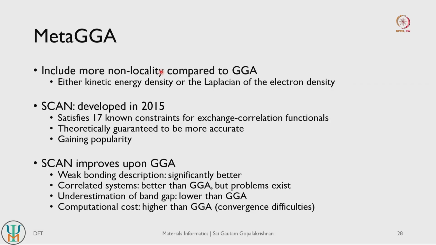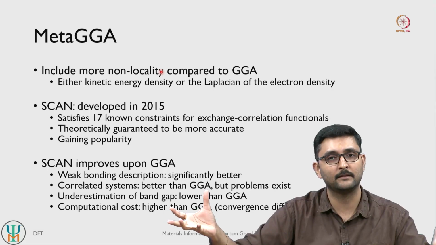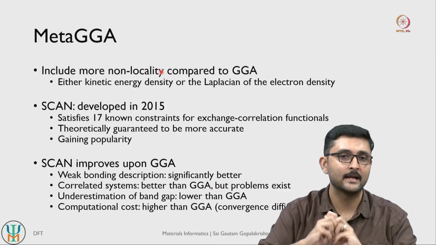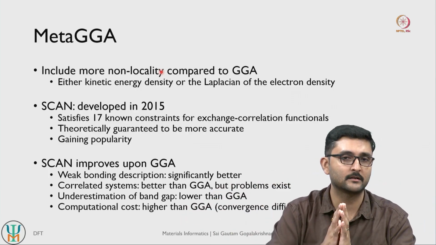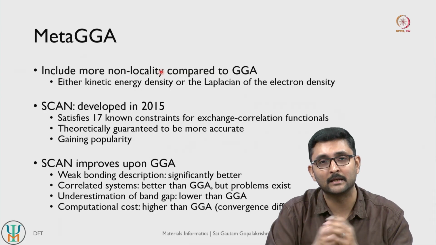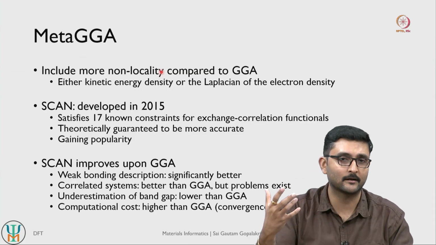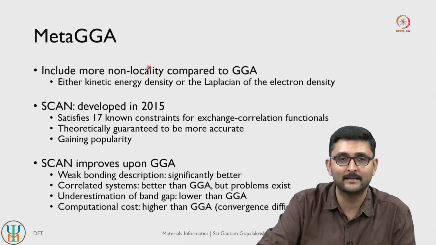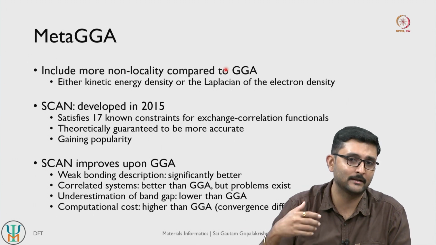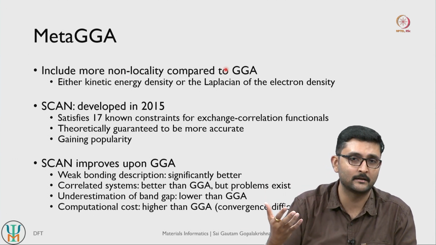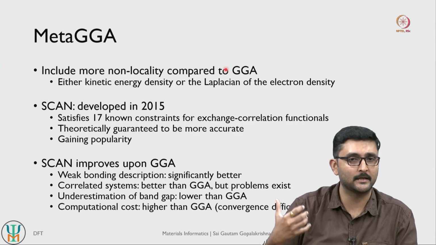So the more non-local information, the more wide information that you take into account in the construction of your exchange correlation functional, the more accurate you can be in terms of describing your electron density itself. So that is basically the idea behind your meta GGA. They take into account more non-local information than what is taken into account in typical GGA.